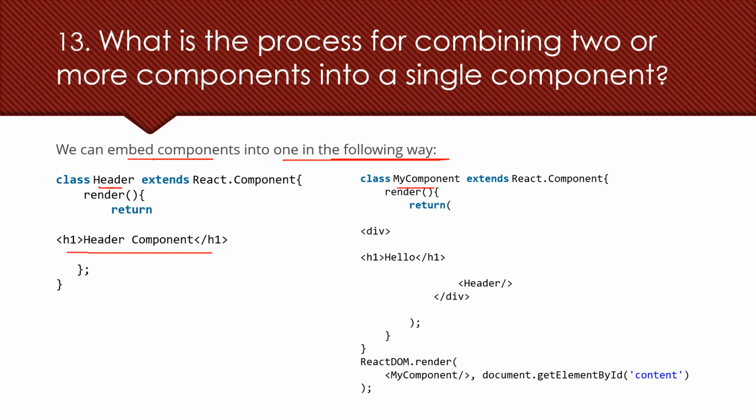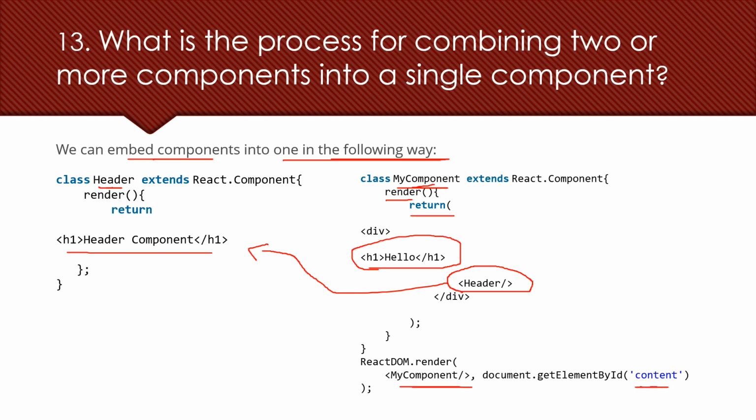In the other class component, called MyComponent, in the return method of render, I am writing h1 with Hello and using that Header component, which points to this component, and putting it in here will render when I render this MyComponent onto my content.